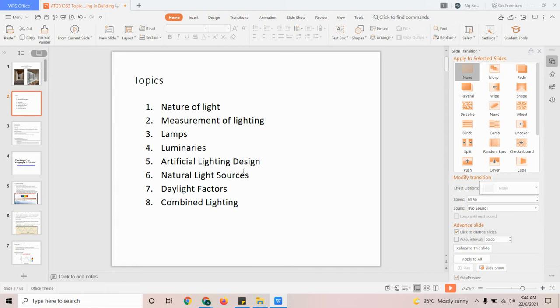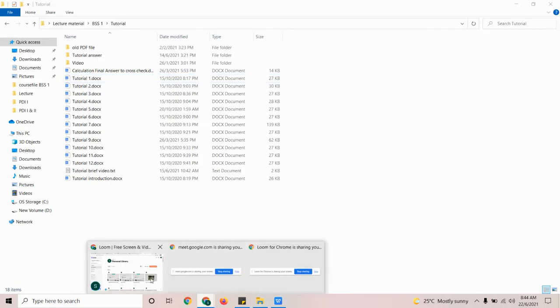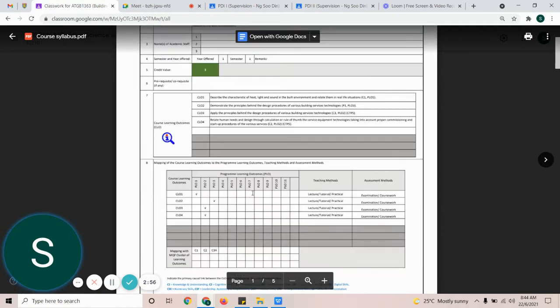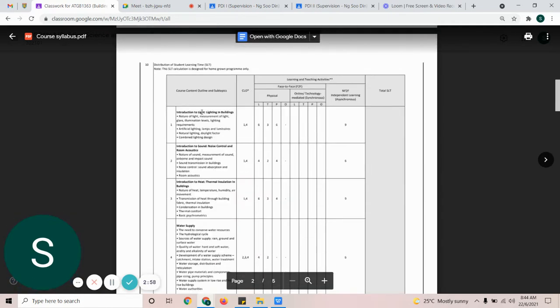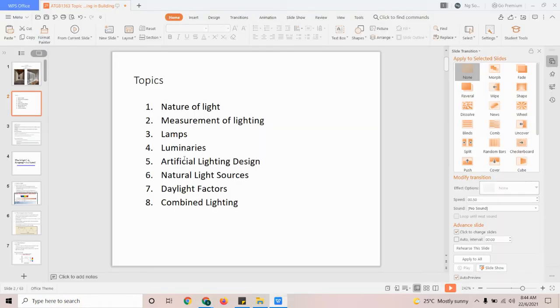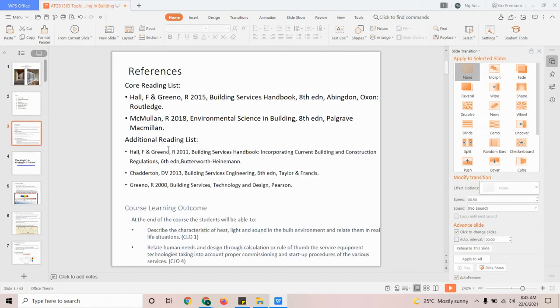All these subtopics are what is covered in your course syllabus, which is here. There's also glare, which is not mentioned here, but in your lecture slides there's content for it.